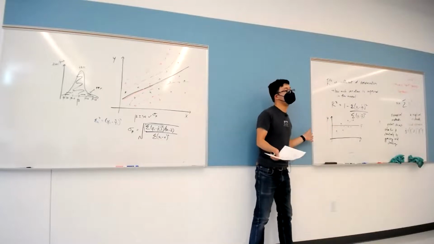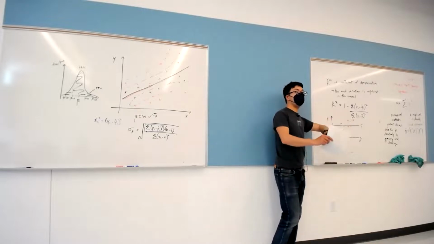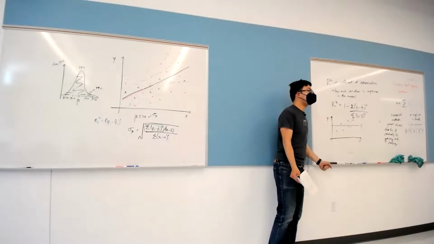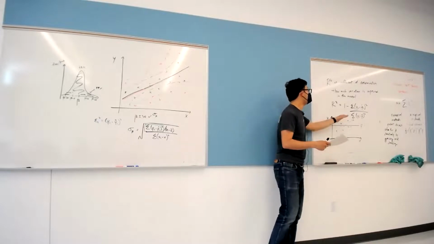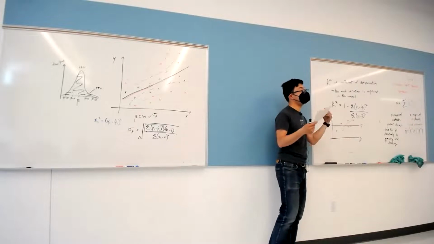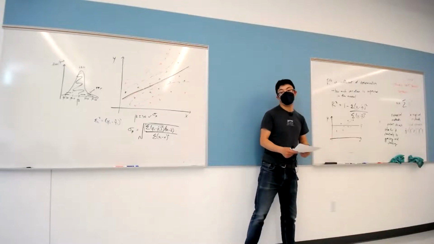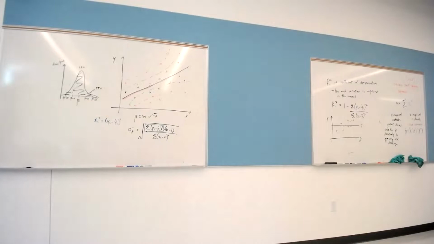We don't just say R squareds aren't important, but there are a whole bunch of other diagnostic tools that we're going to look at to demonstrate other ways of looking at how good a model is. Okay, any questions about R squared?